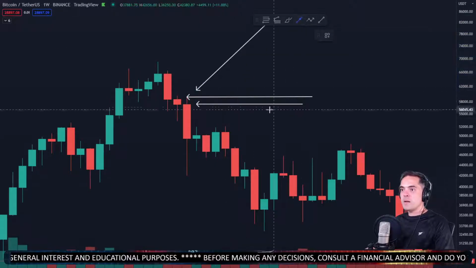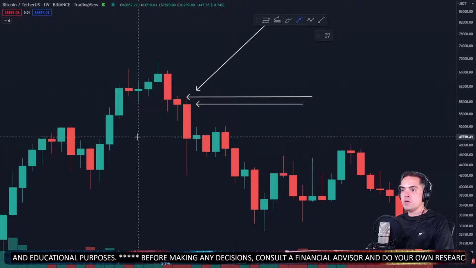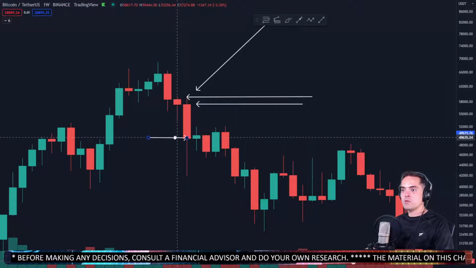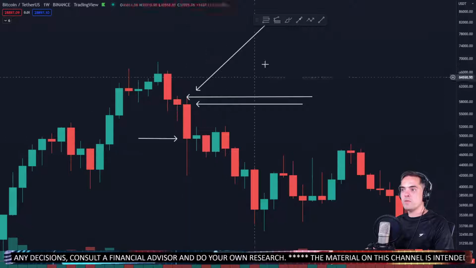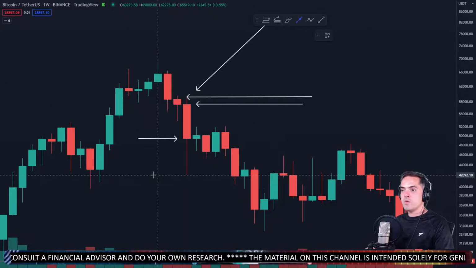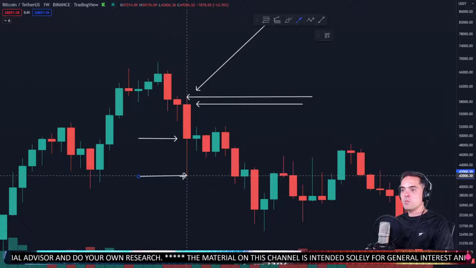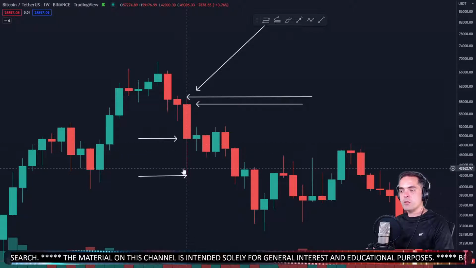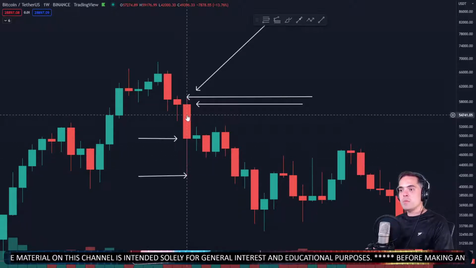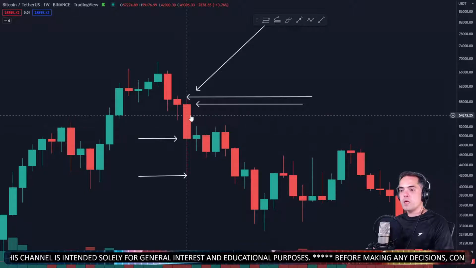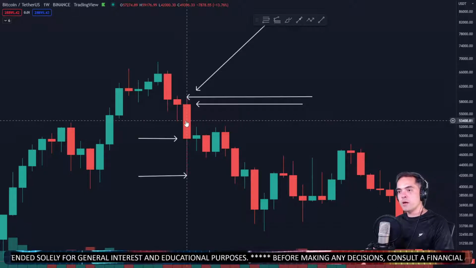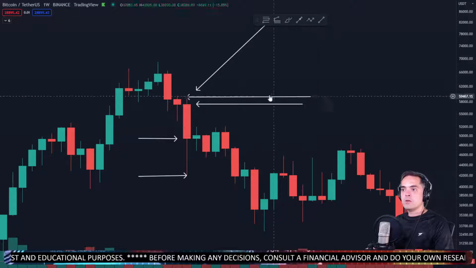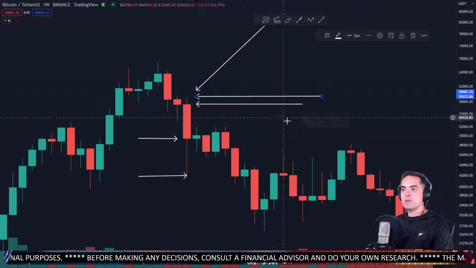So we have the maximum here, and here we're gonna have the close level for this candle, and finally the minimum price will be the end of this lower wick or lower shadow. That means that week, November 2021, we had a bearish candle.